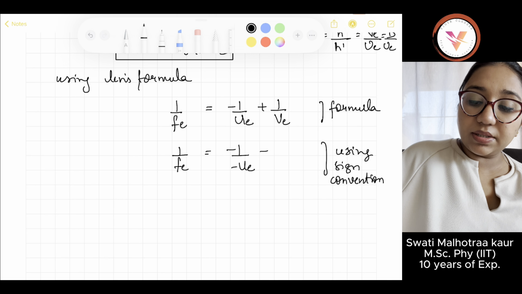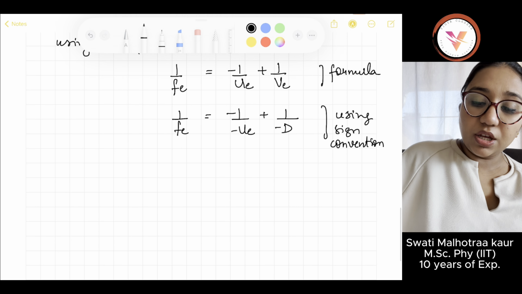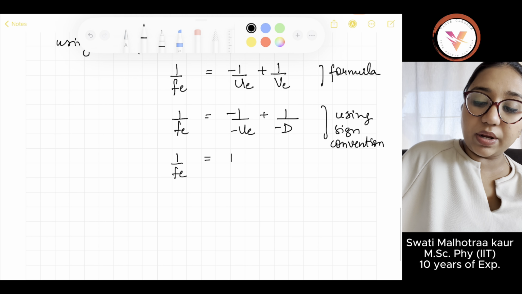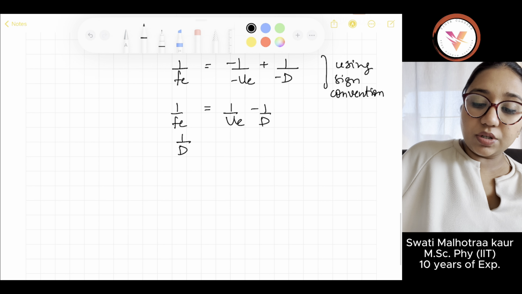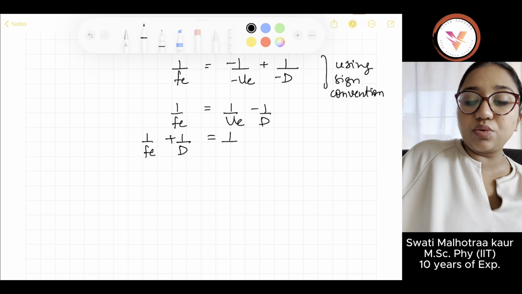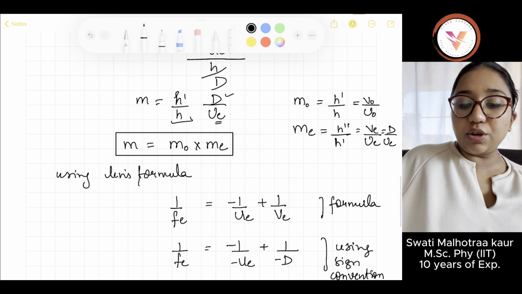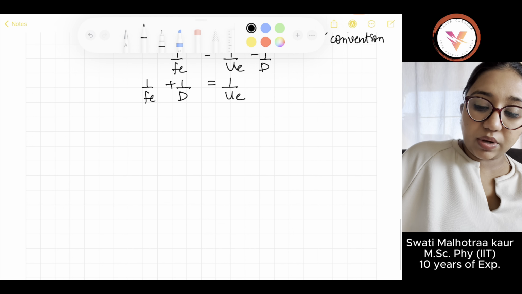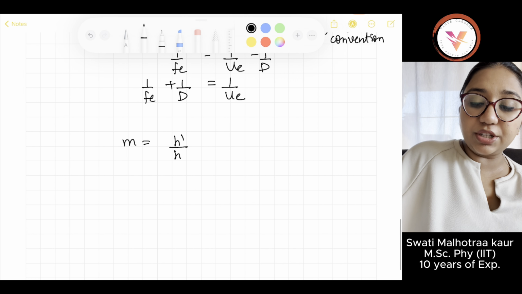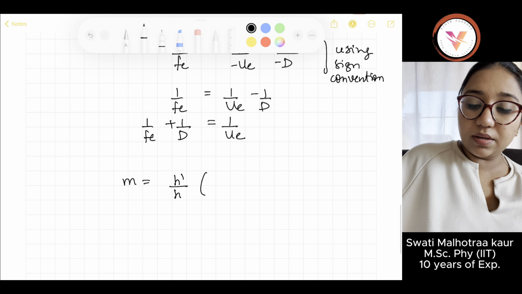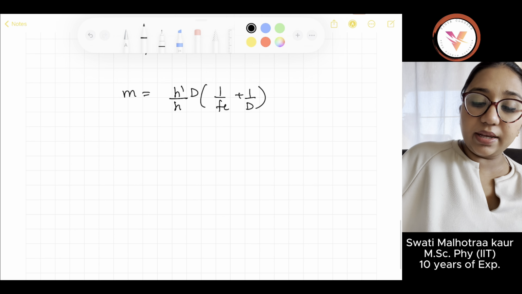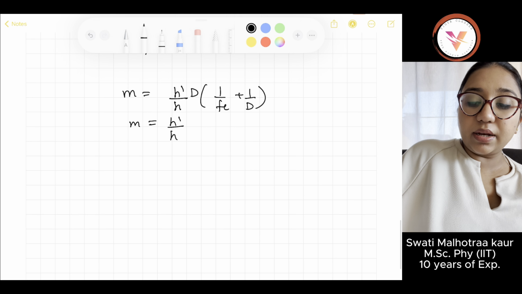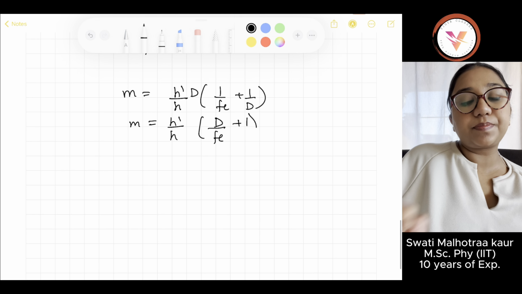Plus 1, and V is minus D. So 1 by FE is equal to 1 by UE minus 1 by D. Bring 1 by D here. It becomes 1 by FE plus 1 by D is equal to 1 by UE. And you can substitute the value of 1 by UE here. So M becomes h' by h, and D, and 1 by UE is 1 by FE plus 1 by D. If you take D inside the bracket, then it becomes D by FE plus 1.